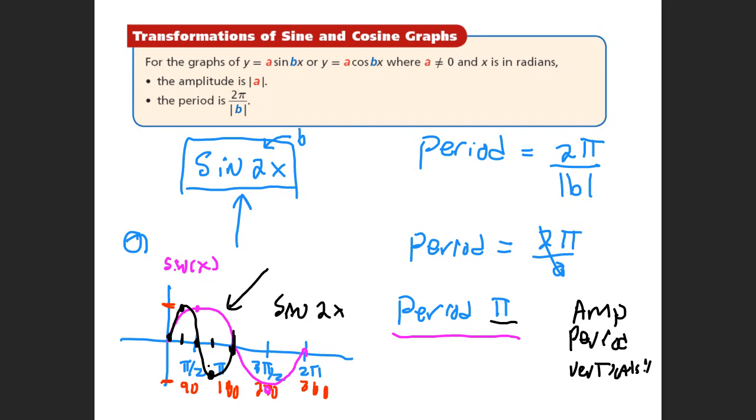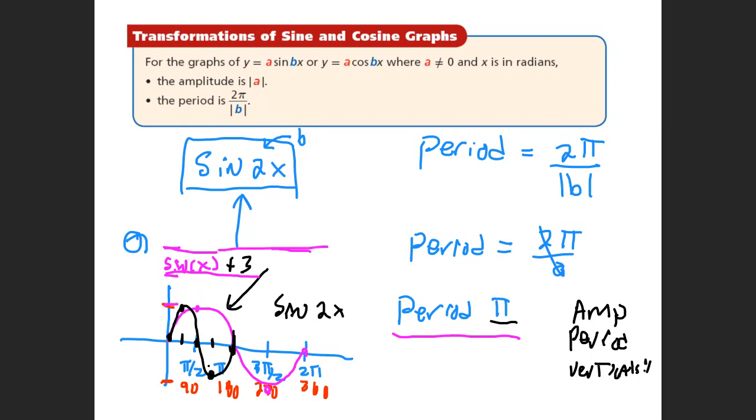So if I gave you this graph, let's say I gave you the sine of x plus 3. What do you think that plus 3 is going to do to this graph? It's going to shift it up 3 units, right? So I'm doing the sine of x plus 3. So this whole thing, I'm going to go 1, 2, 3. Now this is going to be the middle of my graph, but it's going to look exactly the same.